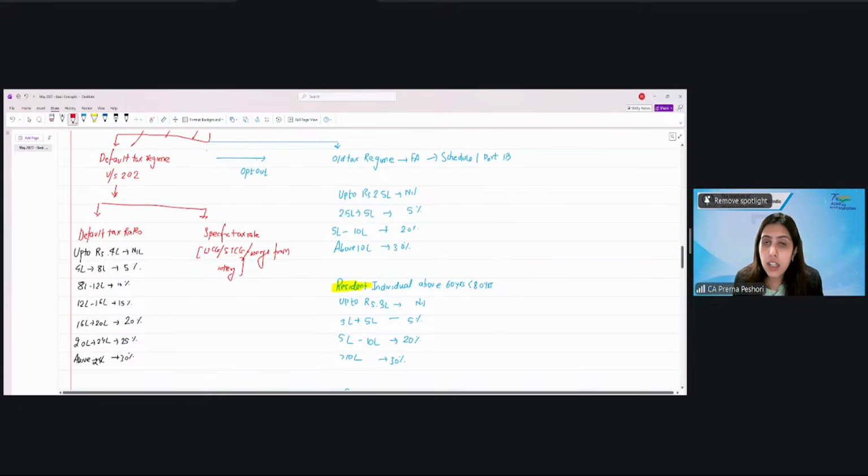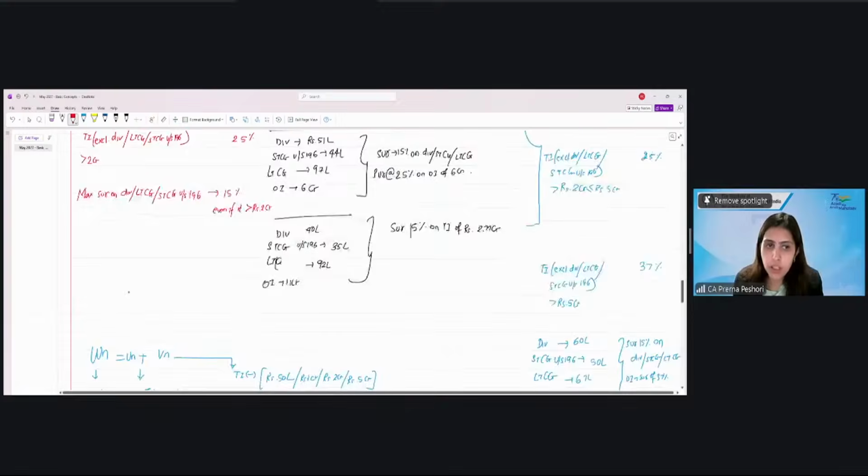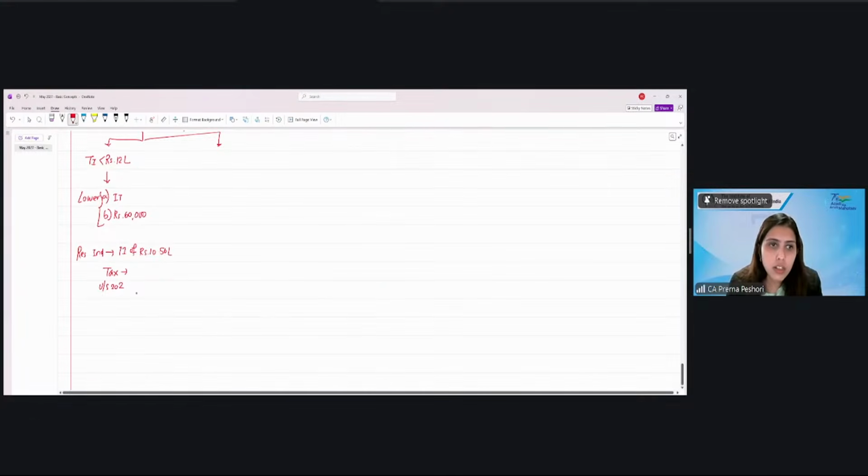What is the tax liability that I will be getting here? 45,000 rupees, isn't it? Because it is 10 lakh 50,000, on the 2.5 lakh it is 10%, so 25,000 plus 20,000, which is 45,000.